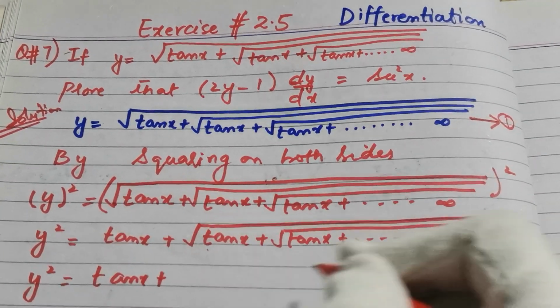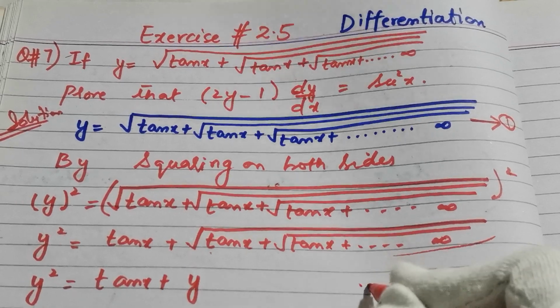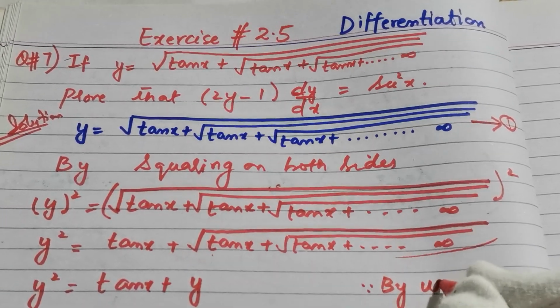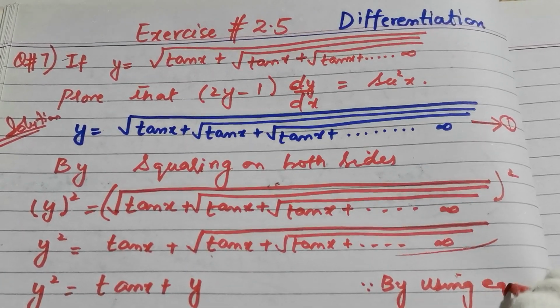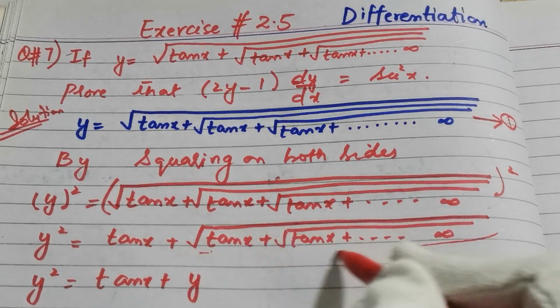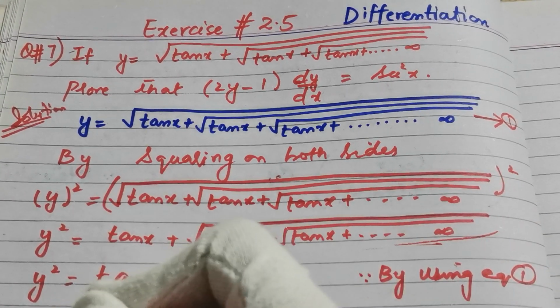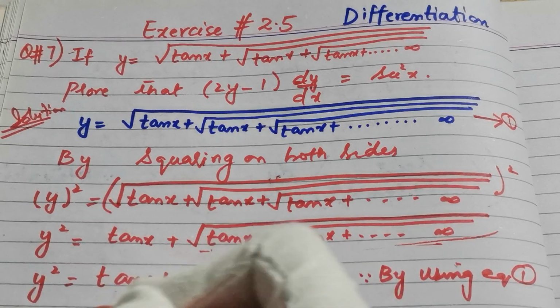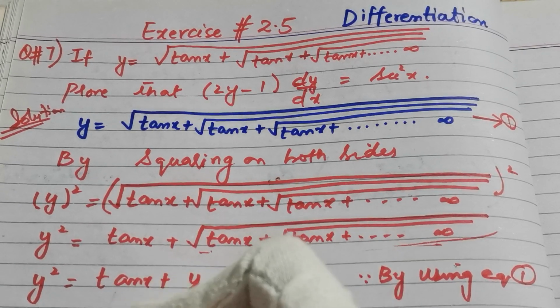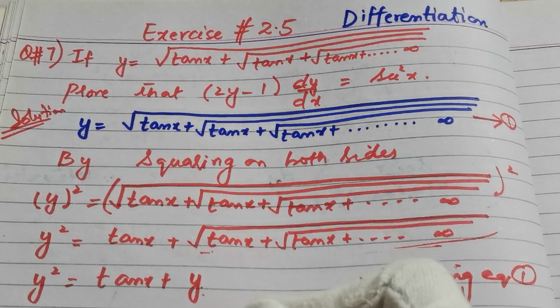So by using equation 1, this term is equal to y. So we take it to the left side: y square minus y is equal to tan x.